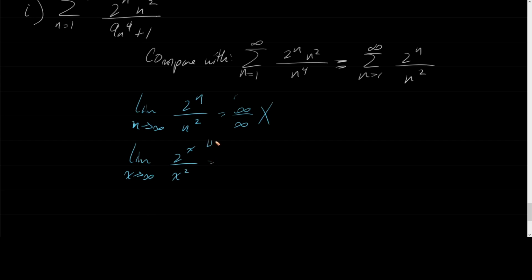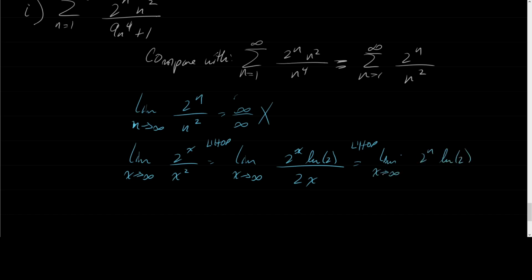Well, by L'Hopital's rule, this is the limit as x goes to infinity of 2 to the x times ln of 2 over 2x. Now this is still infinity over infinity, so we apply L'Hopital's rule again, and we end up with the limit as x goes to infinity of 2 to the x times ln of 2 times ln of 2, all over 2.